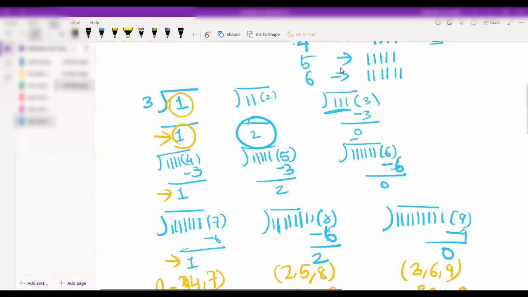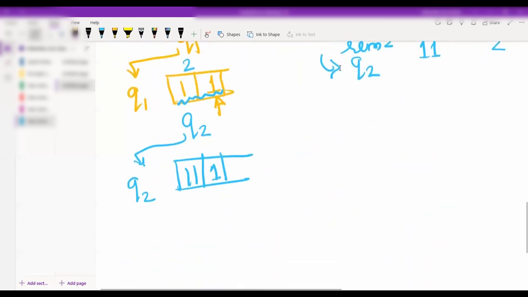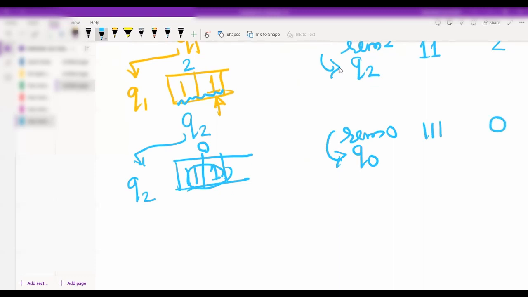Whenever we have number 3, we generate remainder 0. So we write here remainder 0, and we give it the name Q0 in the TCS method. The string represented by Q0 is the triple occurrence of 1. The output generated is 0, and the resultant state is Q0.